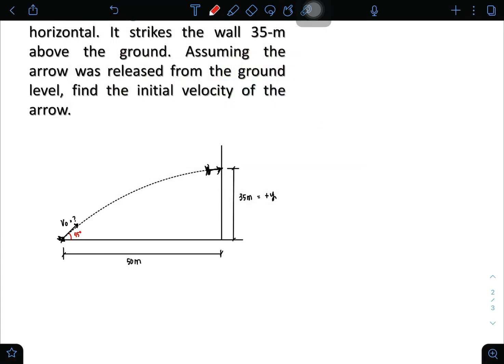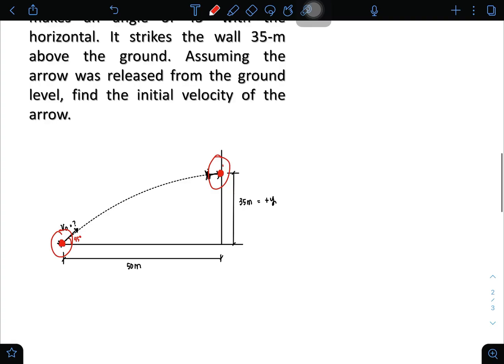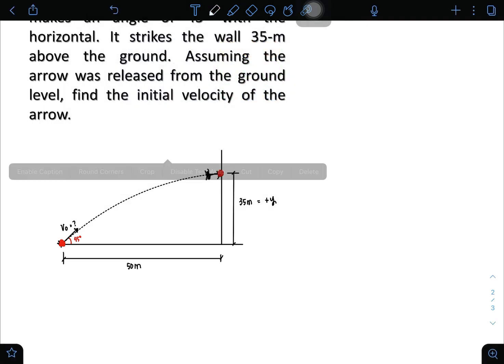Because the original point is here, and the final point is here. As you observe, the final point is found above the initial point. So that's positive y. And this 50 meters here represents the x.